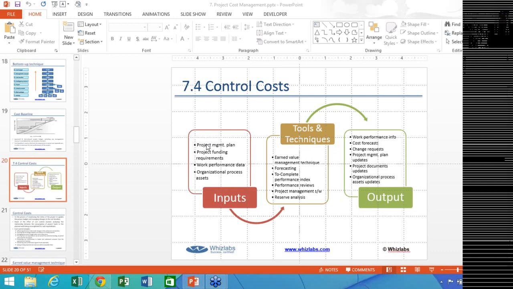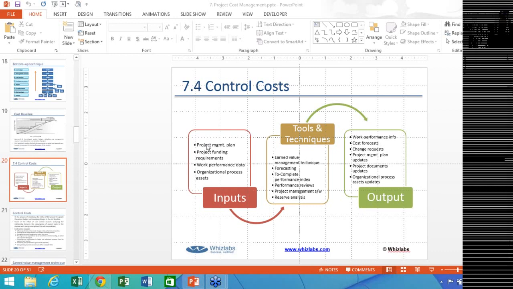The main theme of earned value management is to evaluate project performance, and based on that evaluation, we can also predict the future and come up with a conclusion. If there is a project with a budget of $10,000 and we are halfway through, right in the middle of the project, we can make out whether we would be able to complete the project in $10,000, or we would need more money.